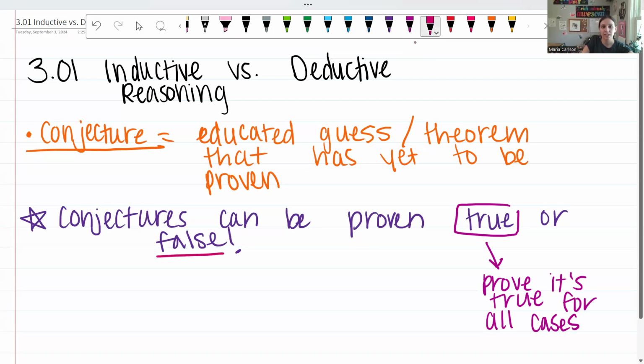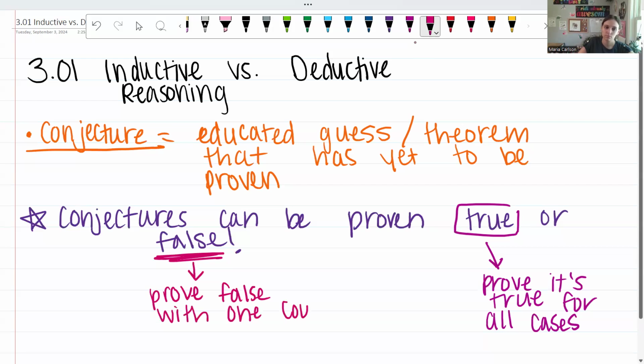And if you are proving that it is false, you can prove false with one counterexample. The counterexample disproves your statement.